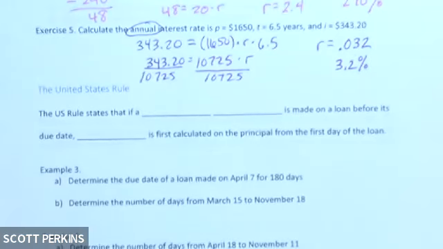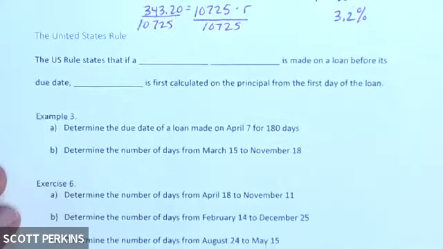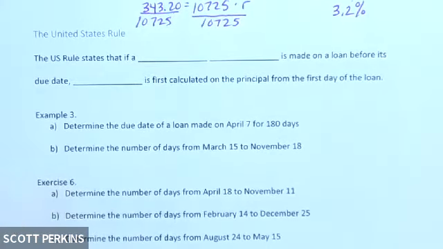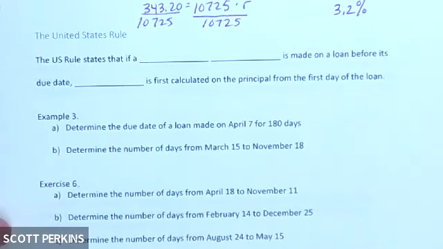Okay, well then the other thing for the day, so simple interest, the first type of kind of real world thing we're going to talk about is what's called a personal loan. And making payments on that. So there's a rule that came about because of a Supreme Court case. I don't know the year of this. It's called the United States Rule because they were really clever at naming it.